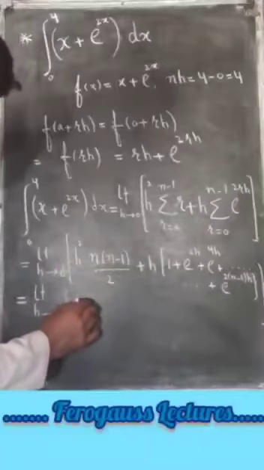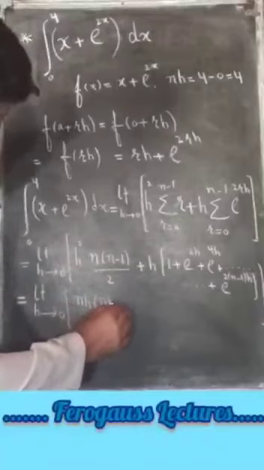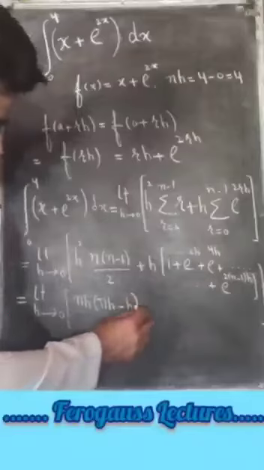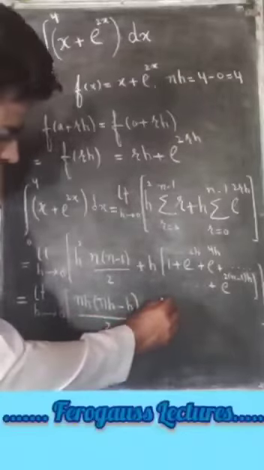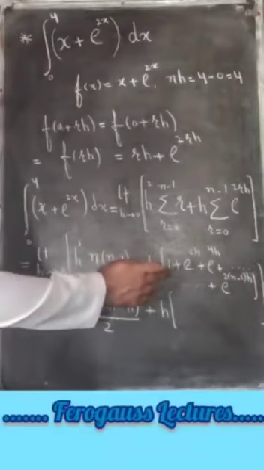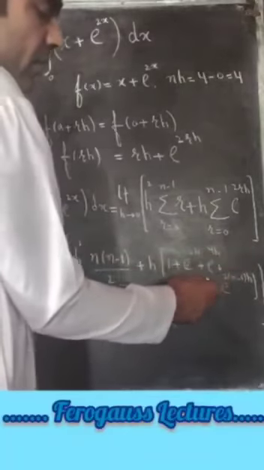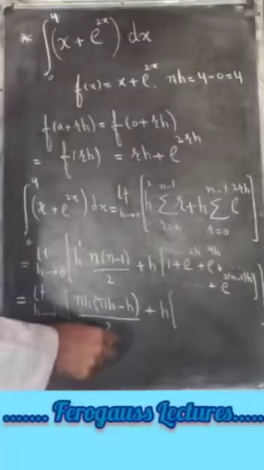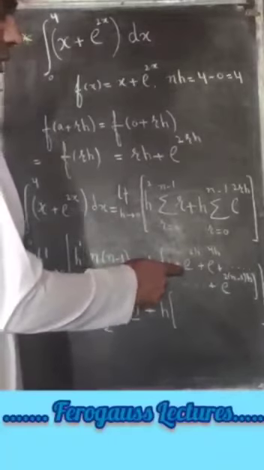So we can write nh into (nh minus h), divided by 2, plus h into (1 + e^(2h) + e^(4h) + and so on plus e^(2(n minus 1)h)). This forms a geometric progression with first term equal to 1 and common ratio equal to e^(2h).